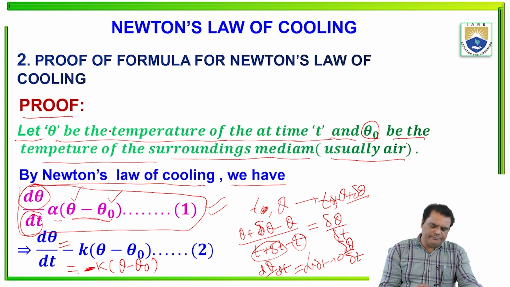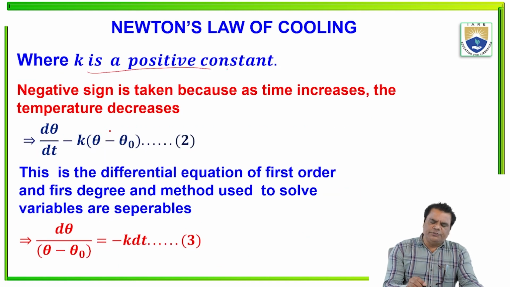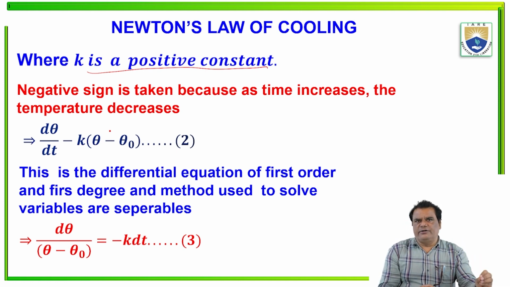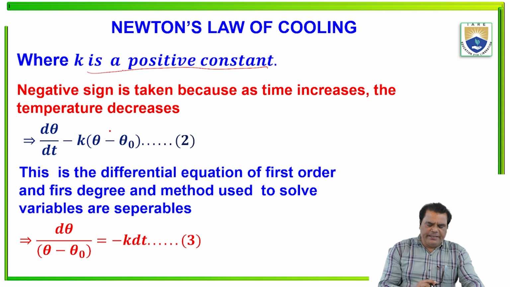This is equation 2, where k is a positive constant, the proportionality constant, and a proportionality constant is always positive. We have taken the negative sign here.